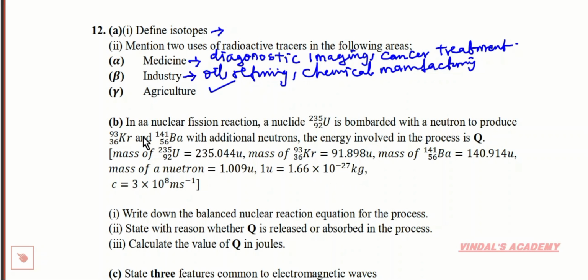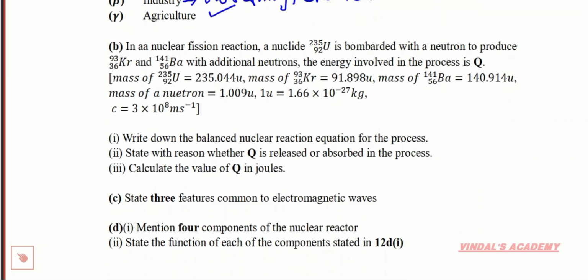All right, the first one, they said in a nuclear fission reaction, a nuclide, uranium-235 92, is bombarded with a neutron to produce krypton-93 36 and barium-141 56 with additional neutrons, the energy involved in the process is Q. They ask us to write, so we should write down the balanced nuclear equation for the process. So I am going to write it here.